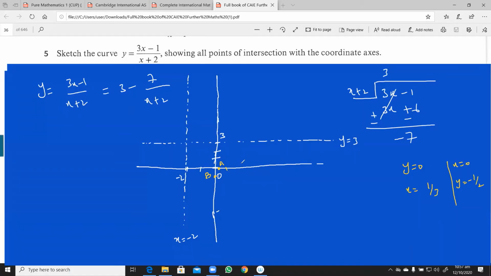Now we have to see if there is any turning point on it. I'm going to differentiate this. This version is easier to differentiate. So dy by dx is going to be, 3's derivative is 0, and this is going to give me 7 over x plus 2 whole square. When I put this equal to 0, there is no turning point.